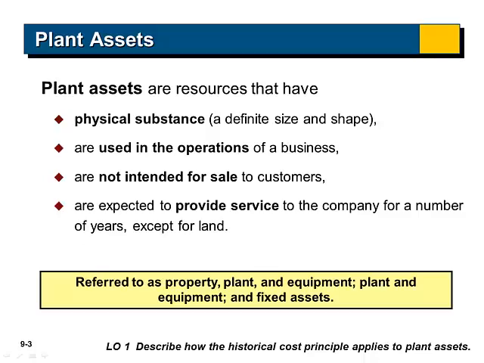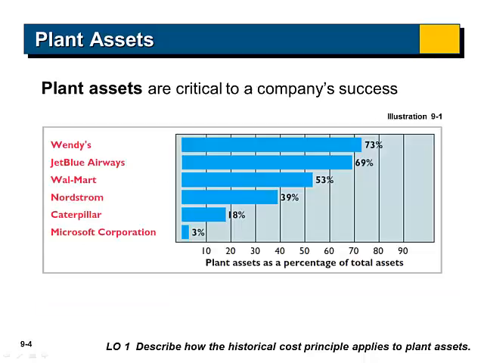We also call this property, plant, and equipment. PP&E is what it's also referred to, plant and equipment, fixed assets. All of these terms are synonymous. If you look at plant assets of some popular companies, you can see the plant assets as a percentage of total assets. Wendy's has a large percentage of PP&E as of total assets.